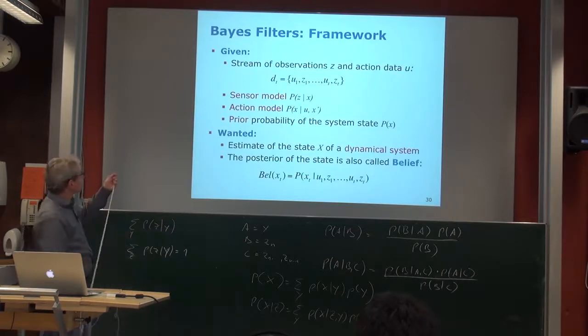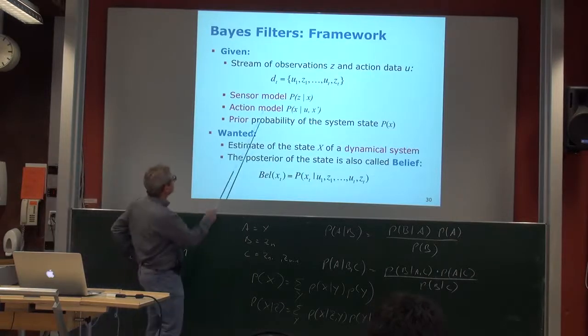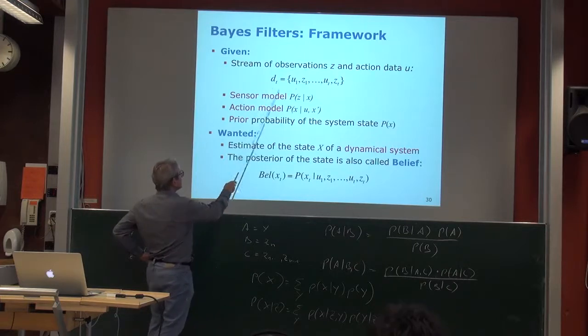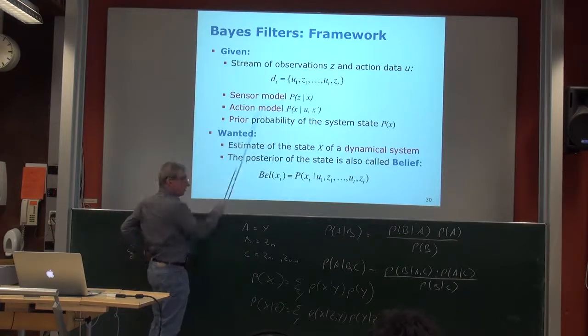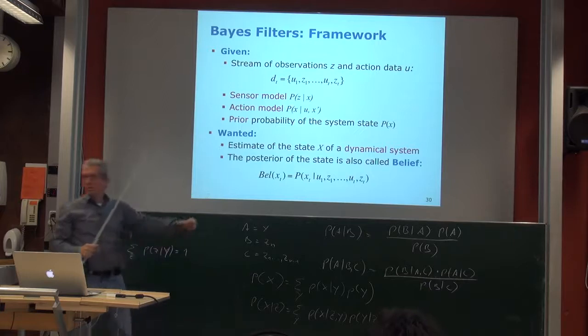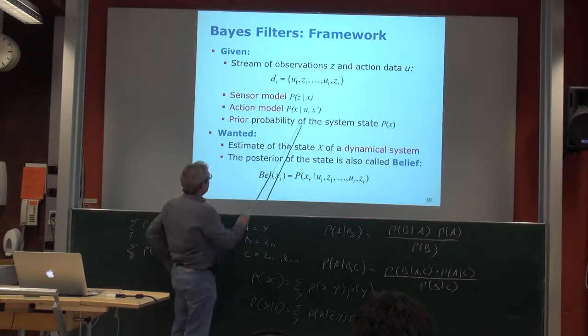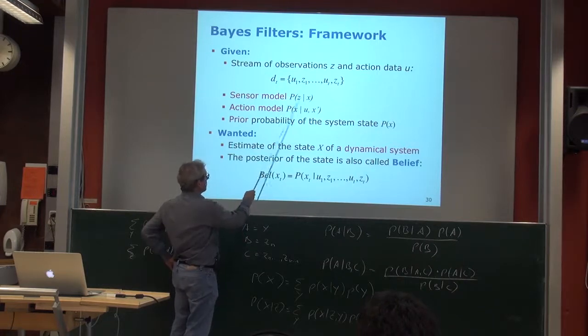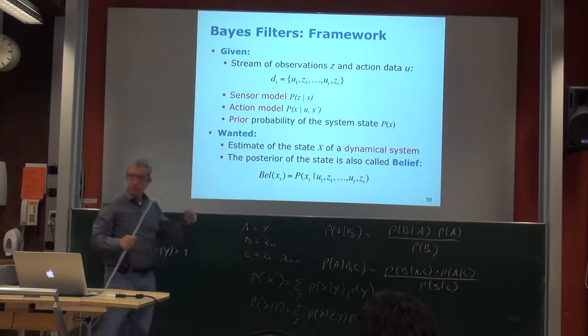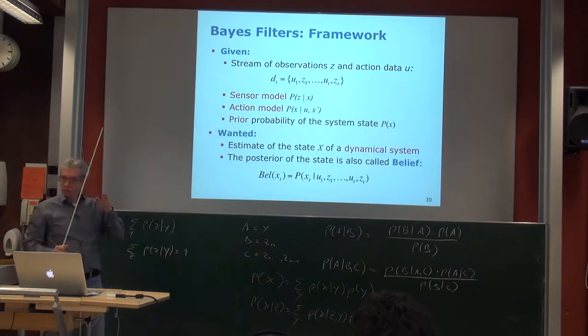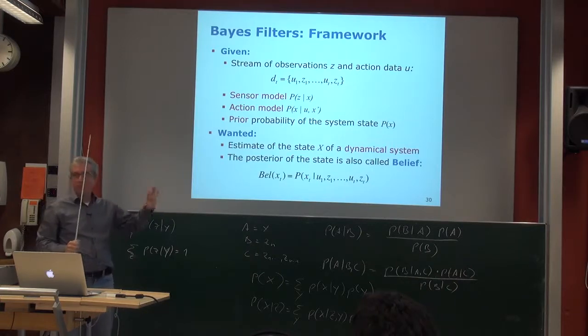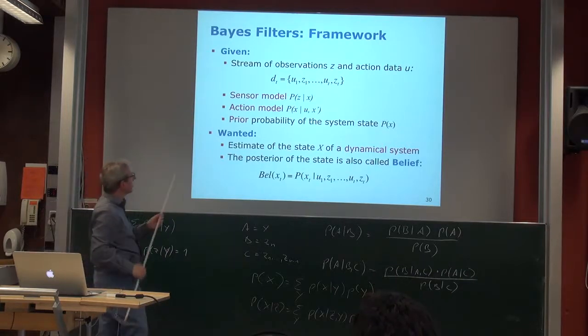The general idea is that we have a stream of data, controls and observations. The robot operates the door and measures it. We have what we call the sensor model, which is the term p of z given x: the probability that the sensor provides us with specific information given this particular state of the system.